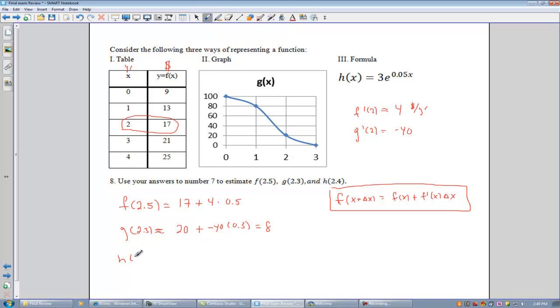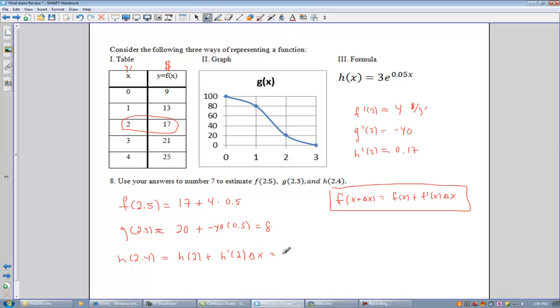And then we can do the same for h of 2.4. What we can do is plug in 2 here, because we approximated h prime of 2 to be approximately 0.17. So this is h of 2, plus, let's use the notation, h prime of 2 times my delta x.